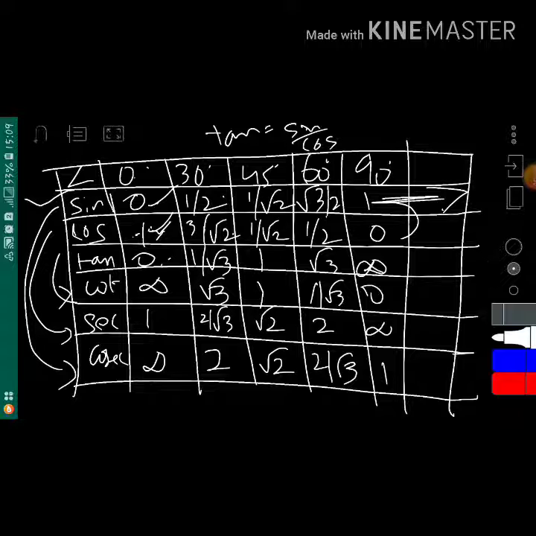Sorry, here I have written some root 3 by 2. Okay. Yeah, 1 by root 3. This upon this, you will get 1. This upon this, you will get root 3. This upon this, 1 upon 0. You cannot divide any number by 0, right? So it becomes infinity. So that is why it is.